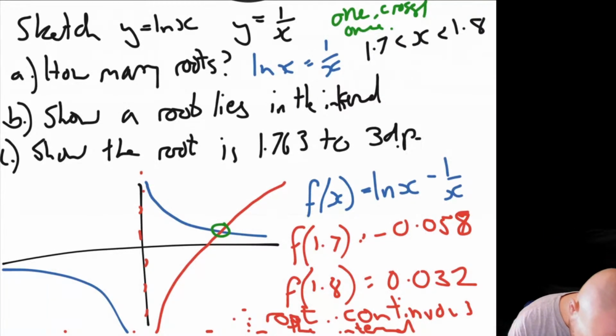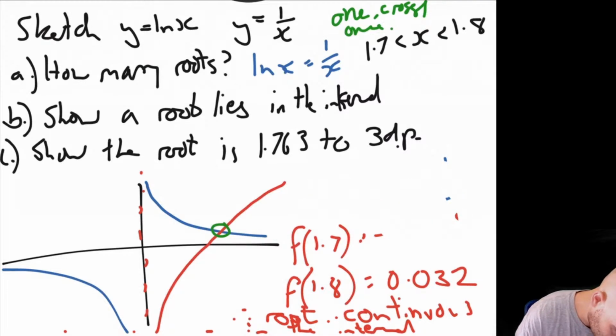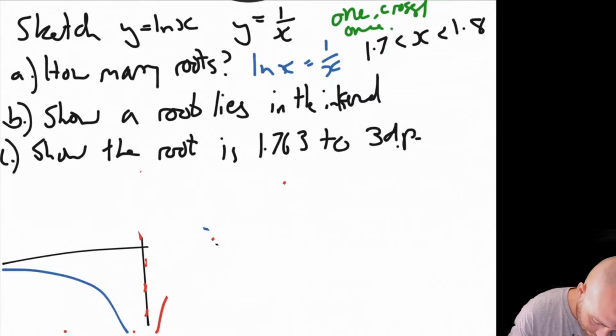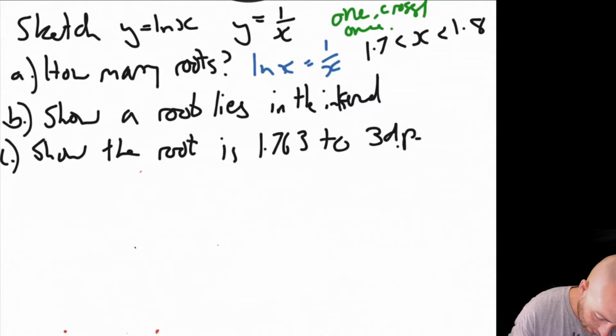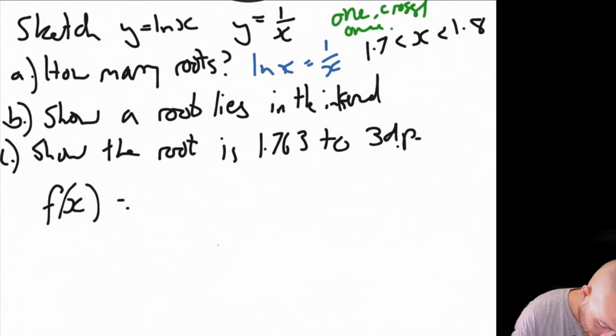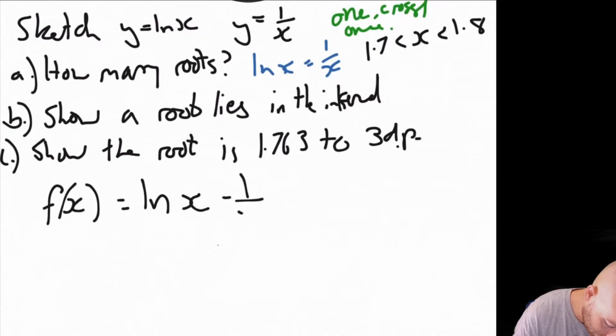Okay, show the root is 1.763 to 3 decimal places. So I've just written out the function, didn't mean to do that. So again I need to do f of x, ln x minus 1 over x.